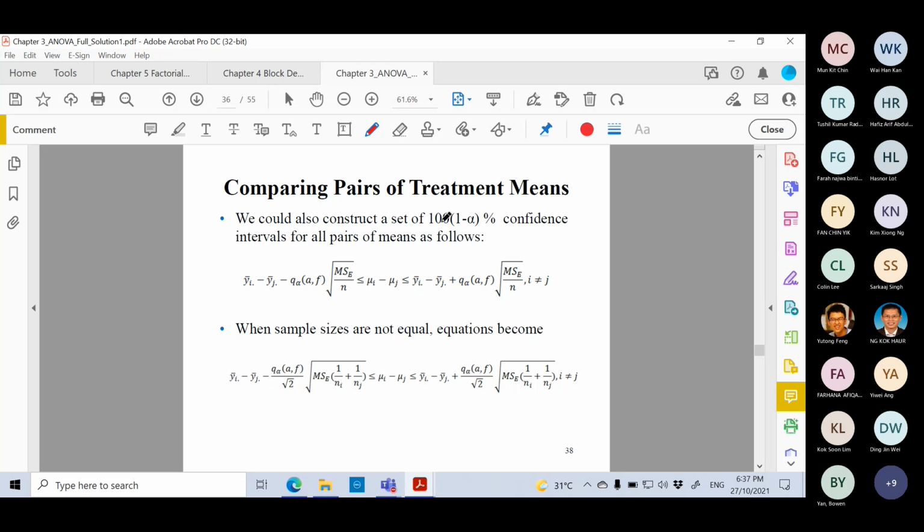Why do we want to construct the confidence interval? Because it lets you know, for example, whether mu i is equal to mu j.